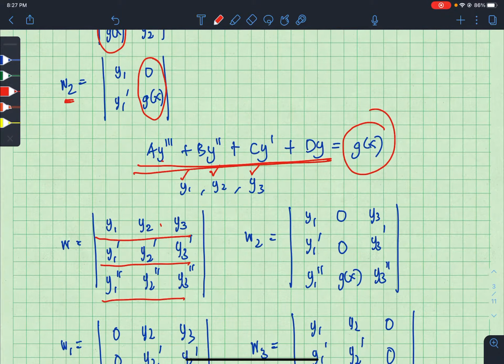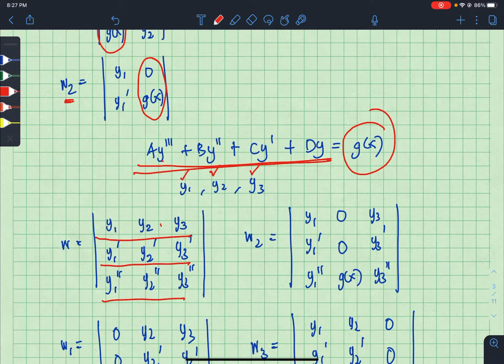Therefore, m sub 1 is equal to m sub 2, which is equal to 1. Finally, we could get our complementary solution to be c sub 1 e raised to x. Since this is a repeated root, we'll have c sub 2 x e raised to x. That is our complementary solution, y sub c.